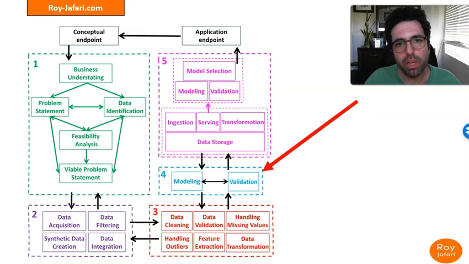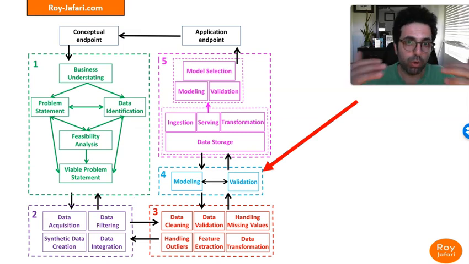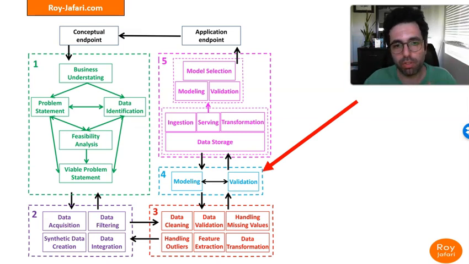All right, so after our data is ready and we improve the quality of data in stage 3, it becomes modeling and validation. Based on the problem statement you might have supervised models, unsupervised models, optimization models, visualization. Yes, visualization is also a model. Any type of model can be here. And you've got validation of that model based on whatever model you have.